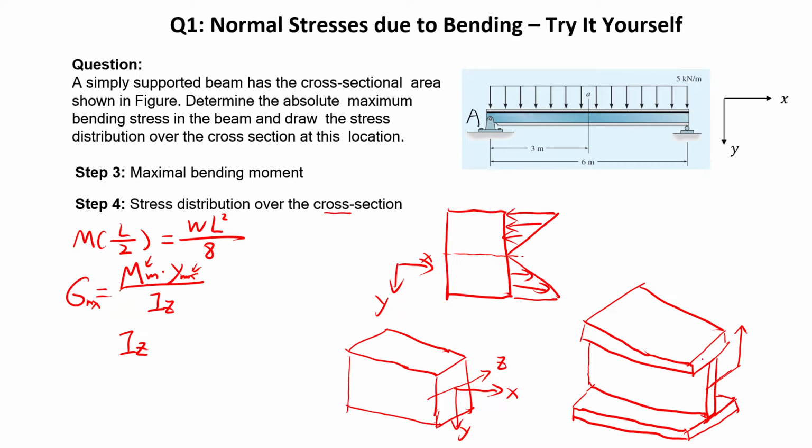On the top, you will have a shape different from the middle part. So in that sense, the moment still is fine, it's not changing. The y is changing. What about the Iz? We need to think about whether that will need to be changed as well for the I-beam.